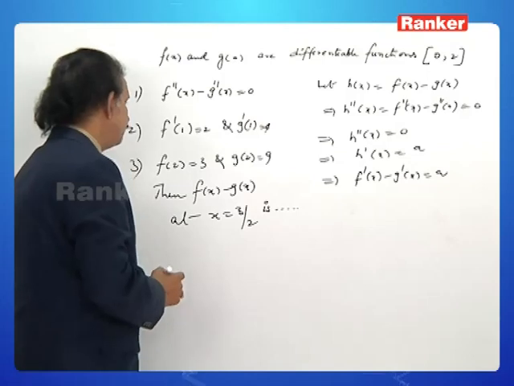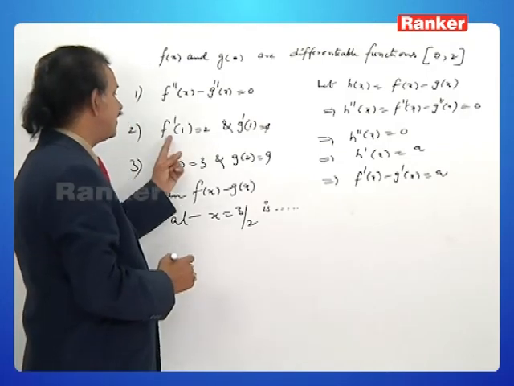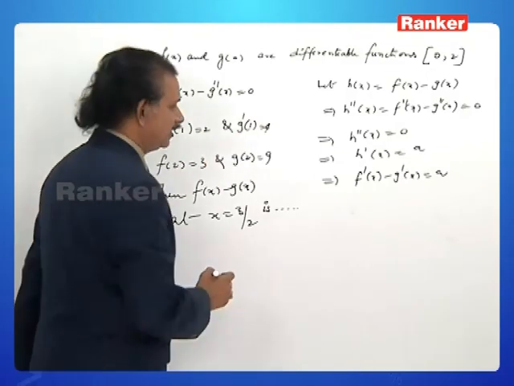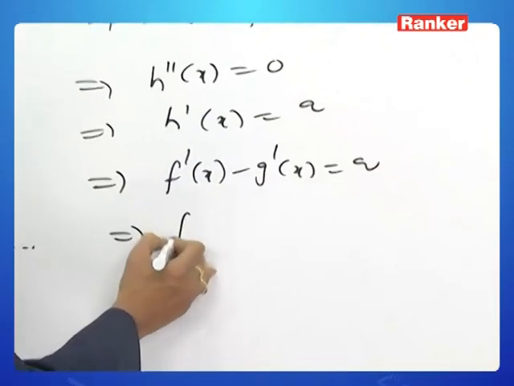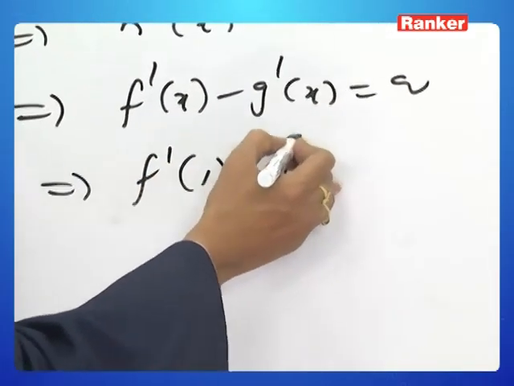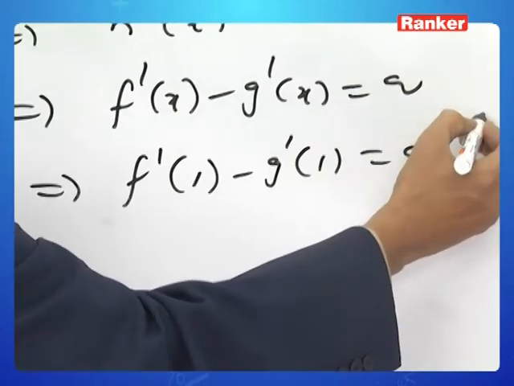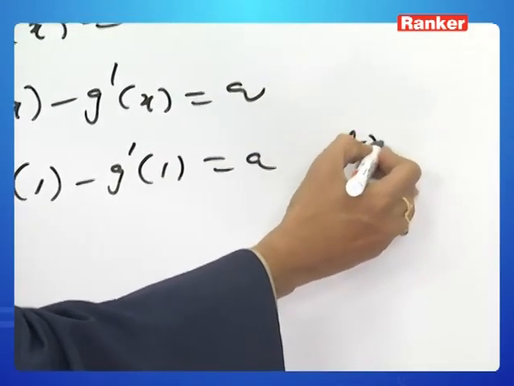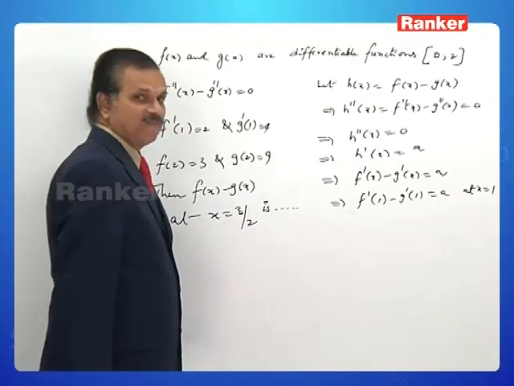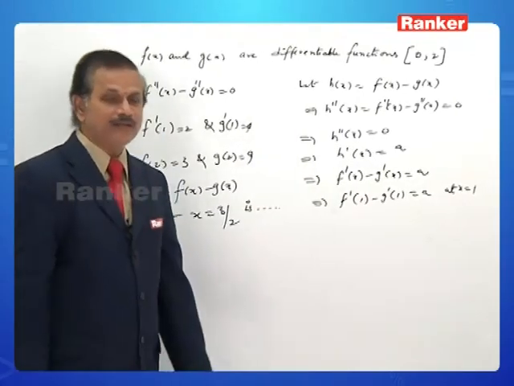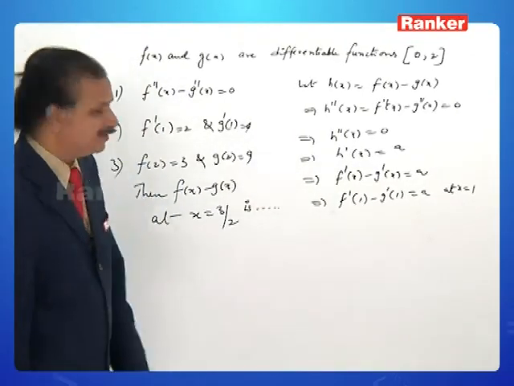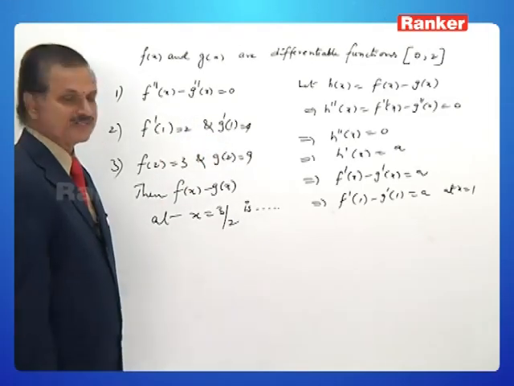But you see, I'd like to take 1 in the place of x. What happens? Implies f dash 1 minus g dash 1 is a at x is equal to 1. Why should you use that one only? Because it is given. We are supposed to make use of it, isn't it?